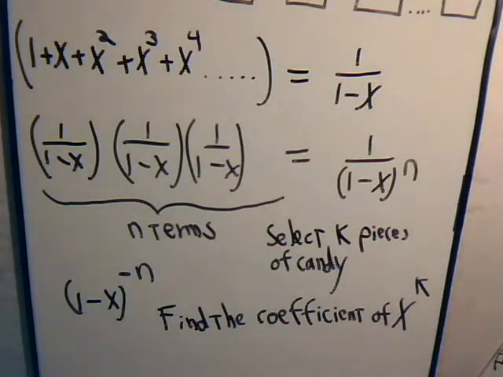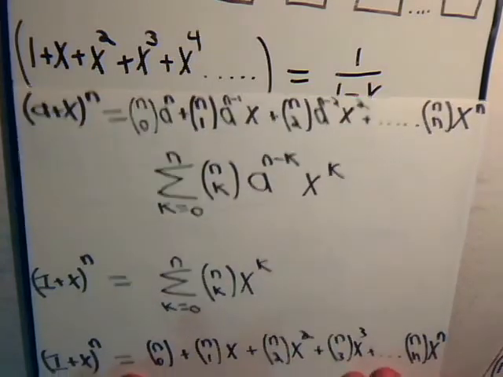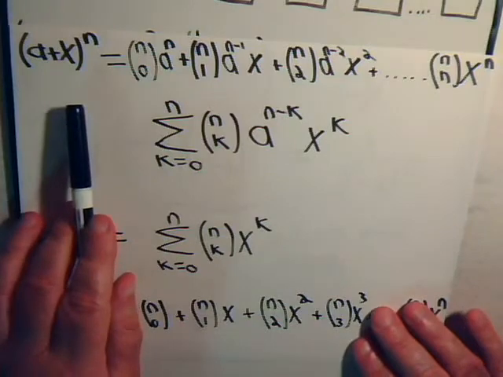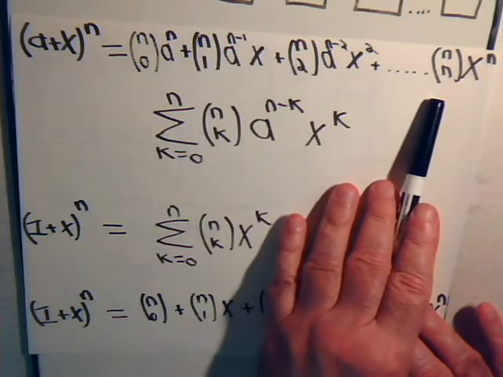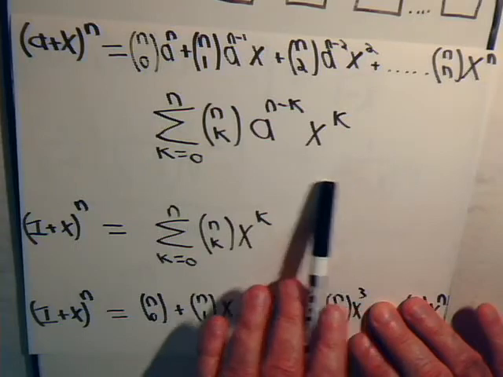But what we did in those previous videos, you may recall, for example, is that for a plus x to the n, when we used the binomial expansion theorem, we got this expression, which we could write very compactly like this.